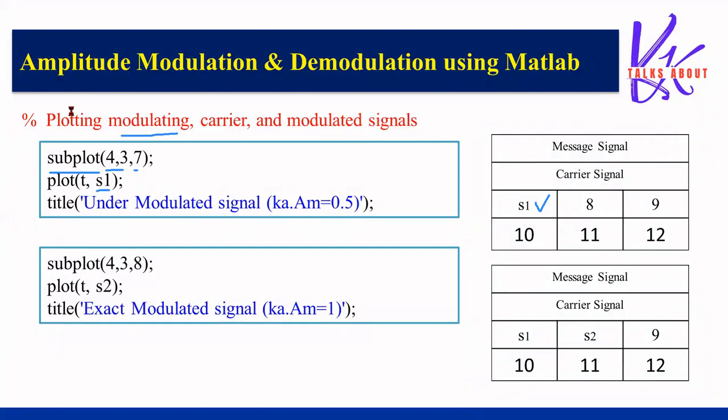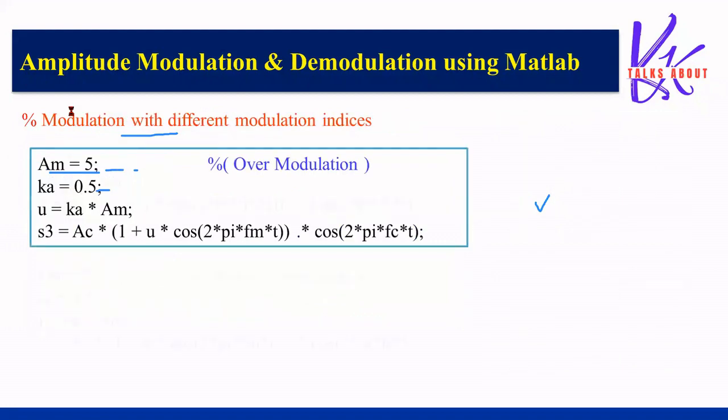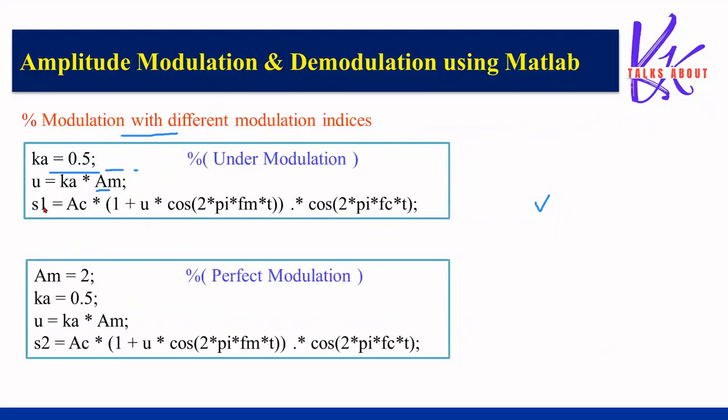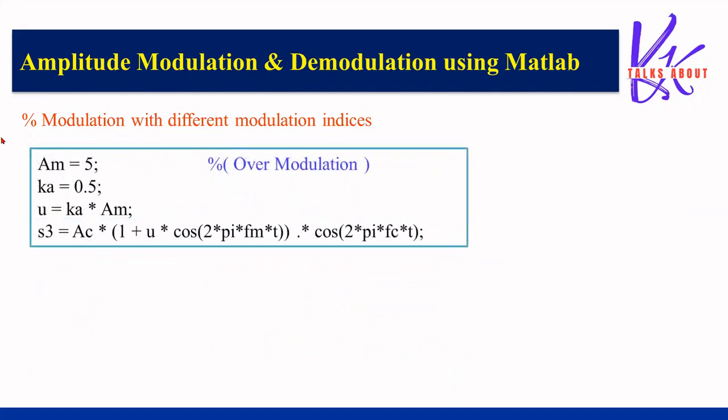We have already defined S1. S1 is the amplitude modulated wave for the under modulation, S2 is for the perfect modulation, and S3 defines the over modulation.